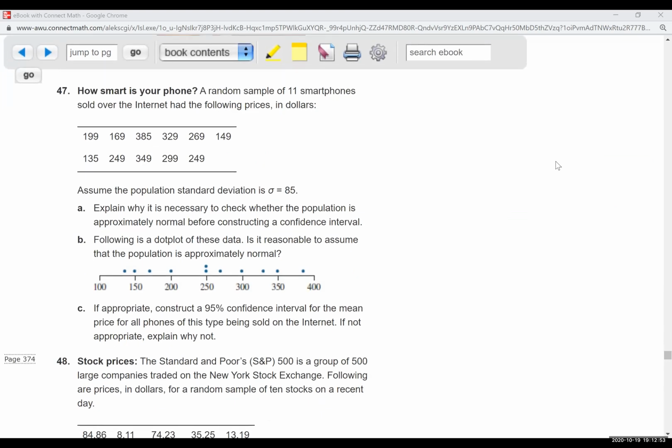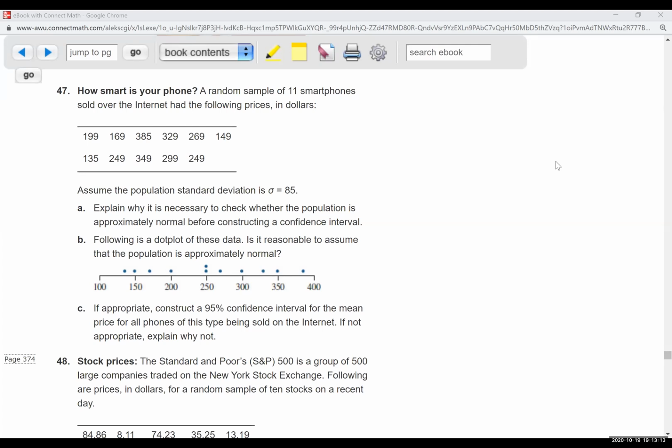So how smart is your phone? A random sample of 11 smartphones sold over the internet had the following prices. Assume that the population standard deviation is 85. So that's the first thing you check every problem.